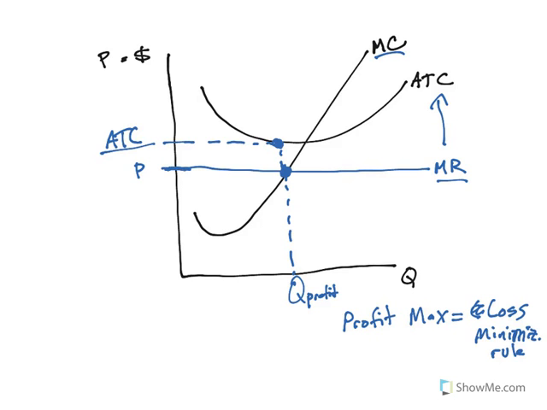And the difference between the price and the average total cost multiplied by the quantity produced gives us an area of profit, but this is going to be negative profit. In other words, this is a loss. So that rectangle represents this firm's losses.